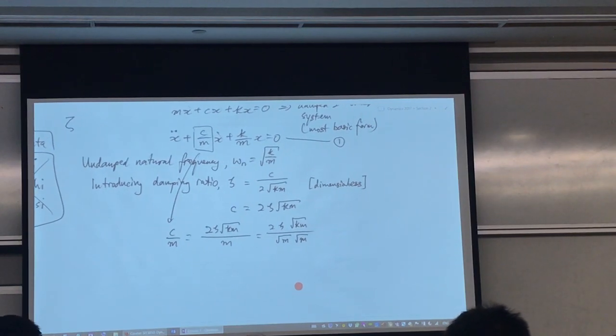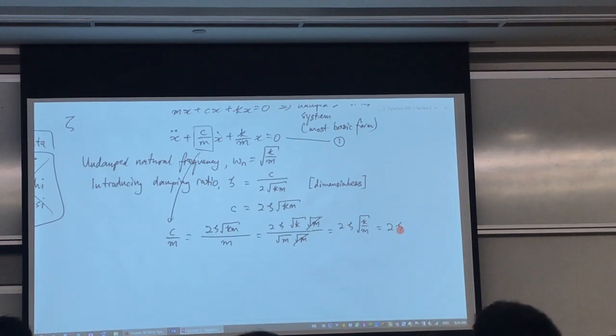Now why do I do that? That's because square root of km is the same as square root k times square root m. So I can cancel this. So this will become 2 zeta square root k over m. This term square root k over m is good for us because isn't that the same as my undamped natural frequency omega n?